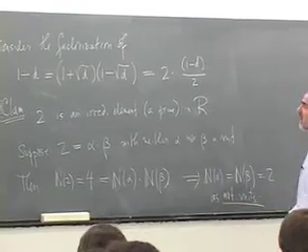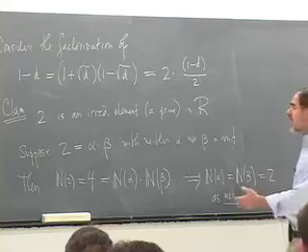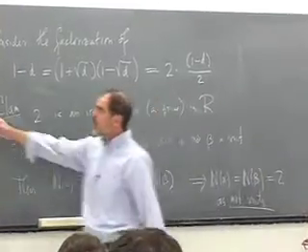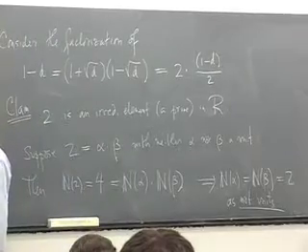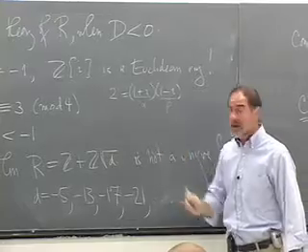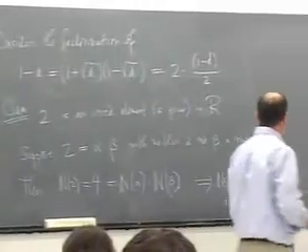Therefore, if we had a factorization, we found elements of norm 2. Now that's okay in this ring. These elements do have norm 2. Here's the element alpha, here's the element beta. Both of them have norm 2. All right? But here, this is impossible.